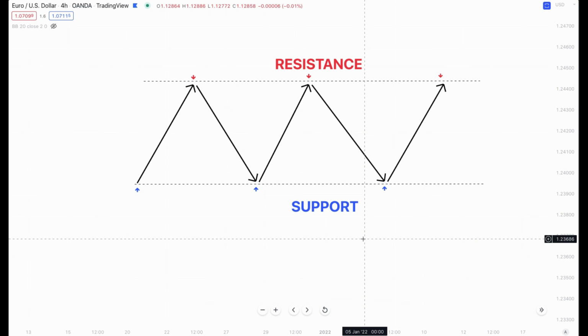This is because this is what trading is. Trading is areas of support and areas of resistance, and the price just carrying on and doing its thing between the two zones.